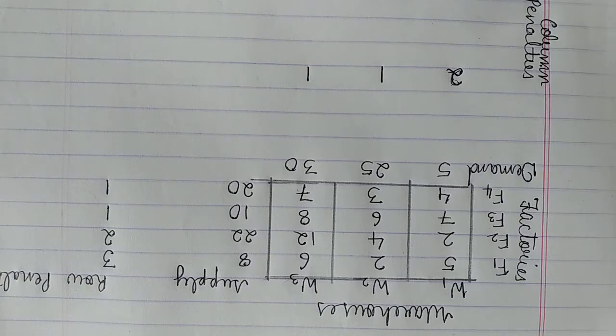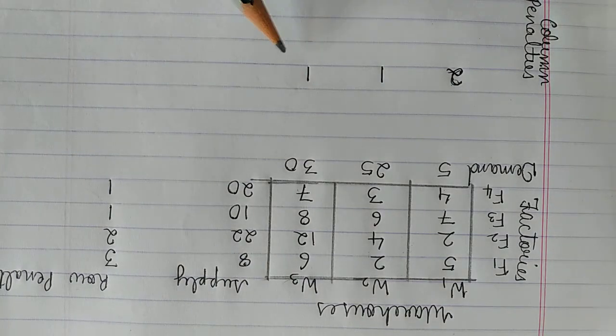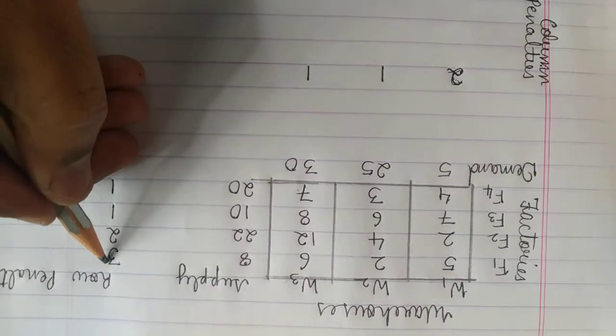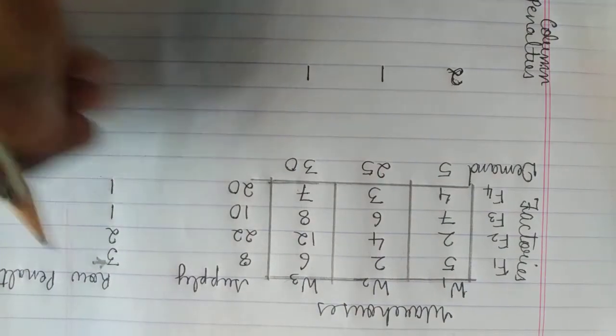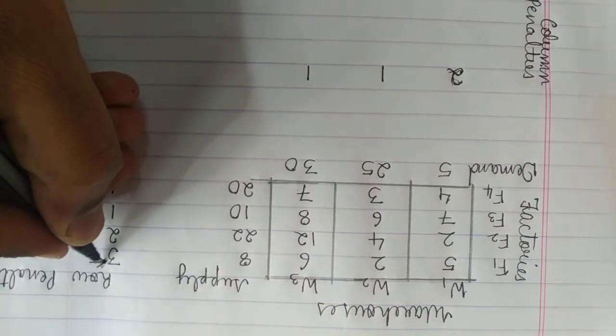So once we have found out this, the next step is you have to find out which is the highest out of these penalties. The highest penalty is out of these 4 and these 3, total out of these 7 numbers, the highest penalty is this, right? So I'm marking it. What does this mark mean?